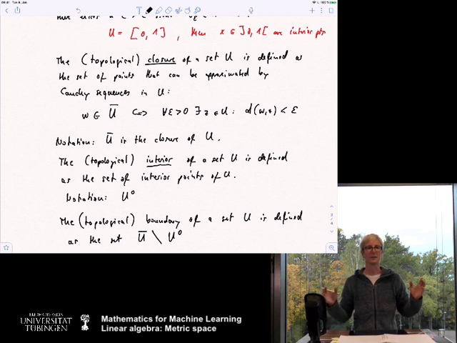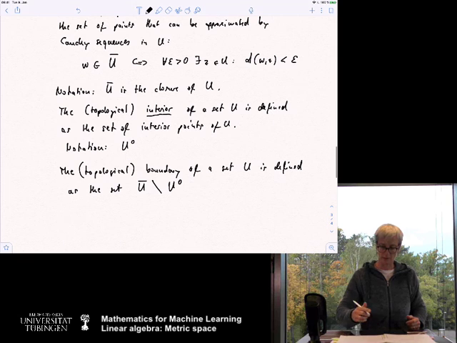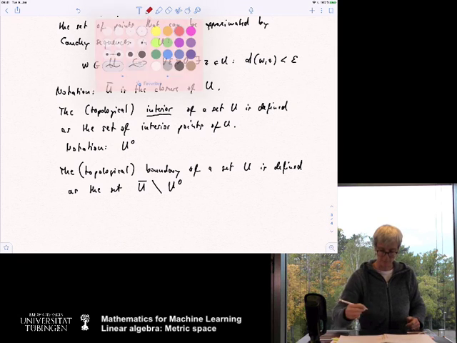Okay, so we take the closure of the points and we take away all the points which are interior points. And let's maybe again do a couple of examples.